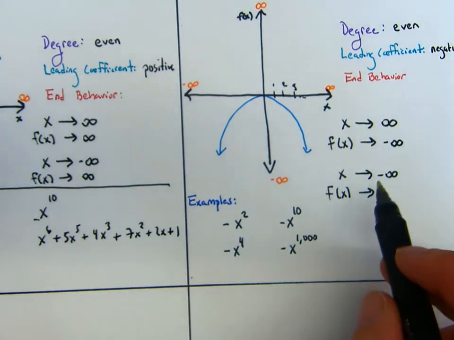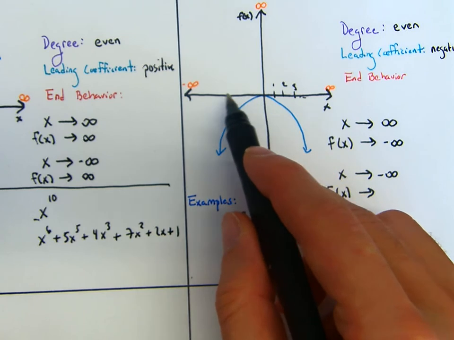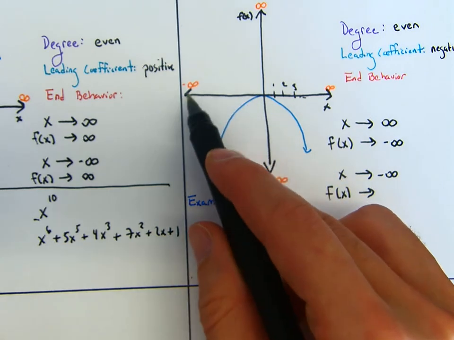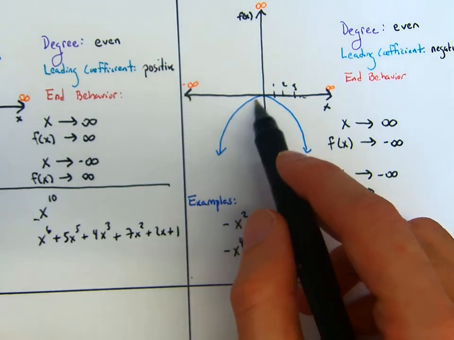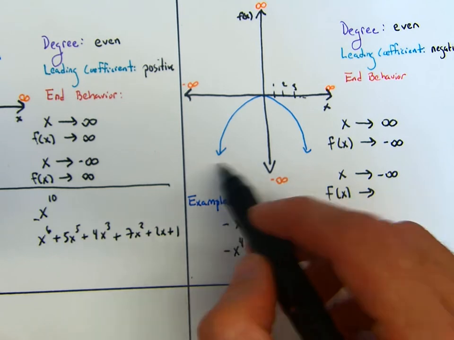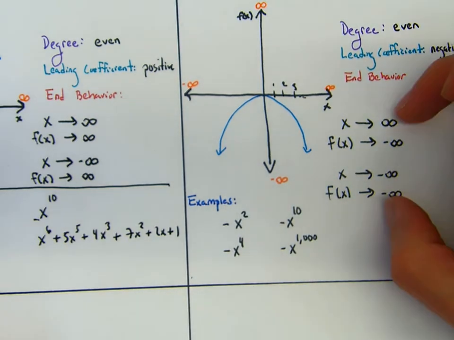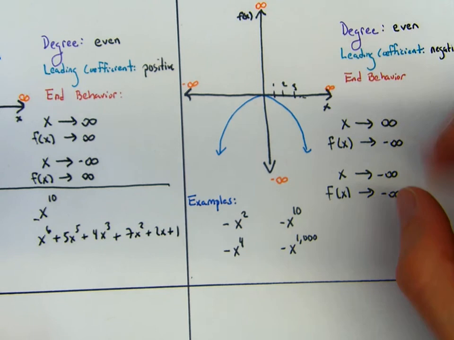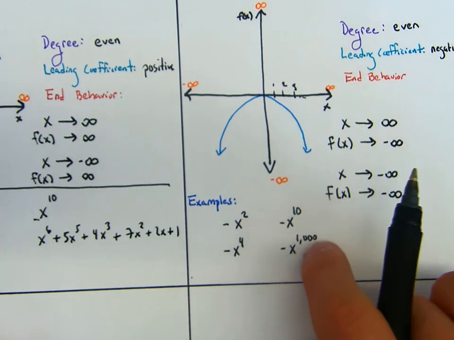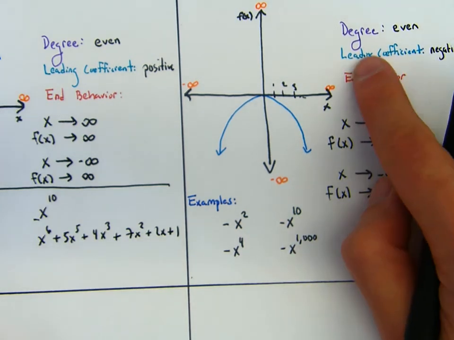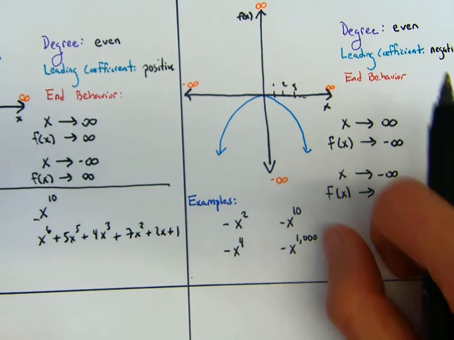What about here? As x is approaching negative infinity, what's happening to our f of x value, or the y values? It's also going down to negative infinity. This will always occur if the degree of the polynomial is even and the leading coefficient is negative.